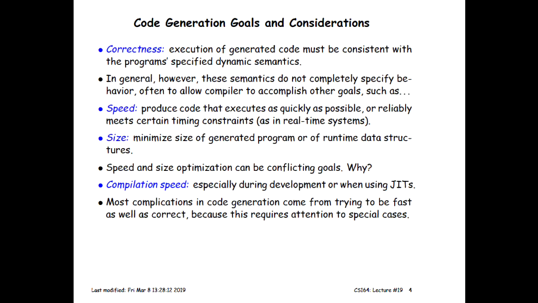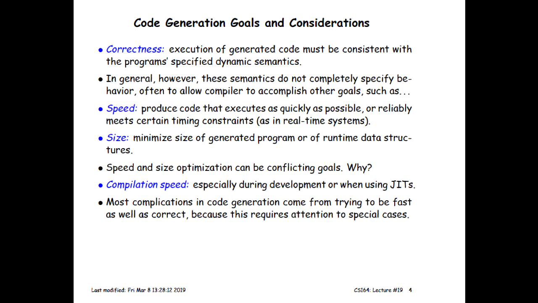So what are we trying to do? As usual, the first criterion of a good code generator is that it generates correct code. In other words, it generates code that, when executed, does what the semantics of the language say is supposed to happen in response to a given program.